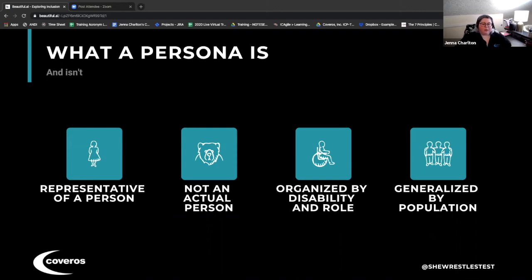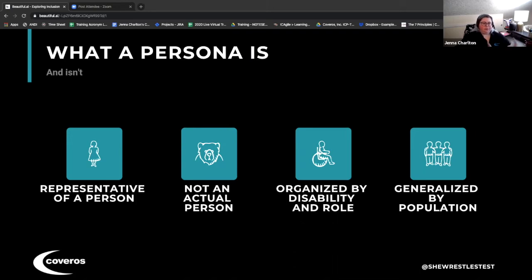So a lot of us have probably used personas in the past for other kinds of testing. So you could have done role-based testing. So you have users, admins, super users, things like that. And using a persona in the realm of accessibility isn't that much different. But it is important to note that we're organizing it by disability, or we're organizing it by a specific type of need.